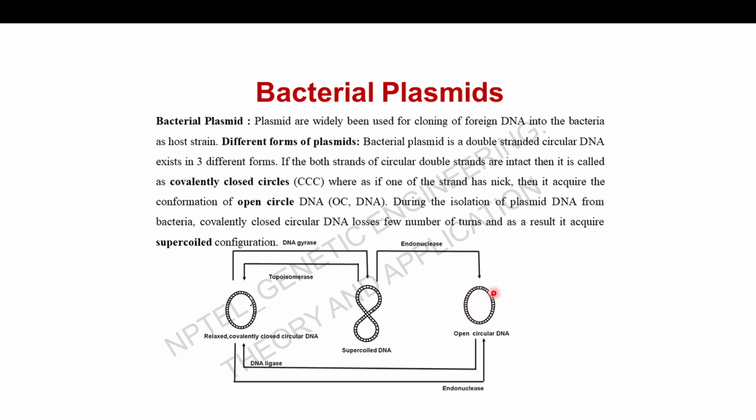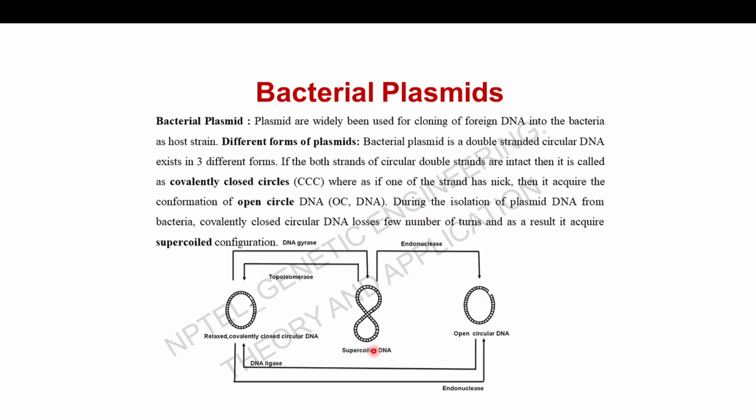Nick is where the phosphodiester linkage in the phosphate backbone is cleaved, and not in both the strands. If both the strands have a nucleotide altogether missing, then it's a gap. However, in a nick, one of the bonds is broken here, and hence we call it open circular DNA.